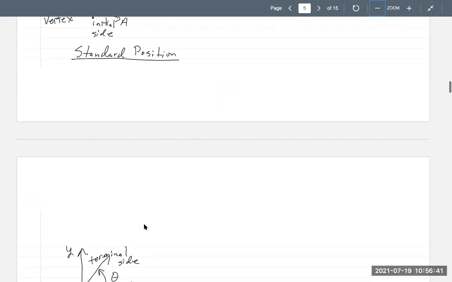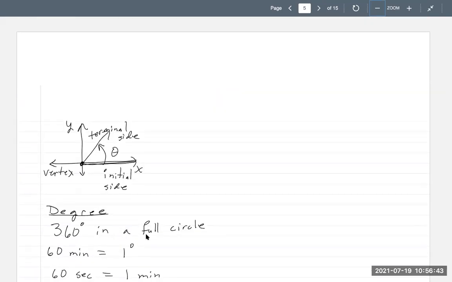The standard position. Let me write a coordinate axis. We will assume that the vertex is at the origin and the initial side is the positive x-axis.